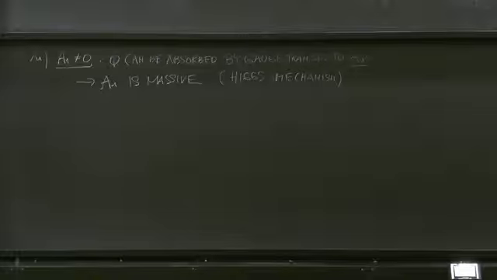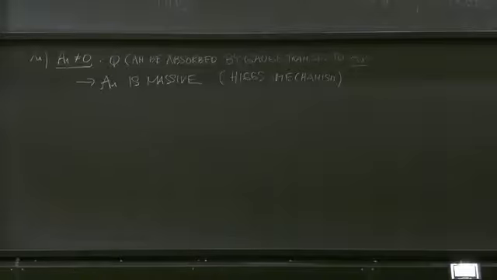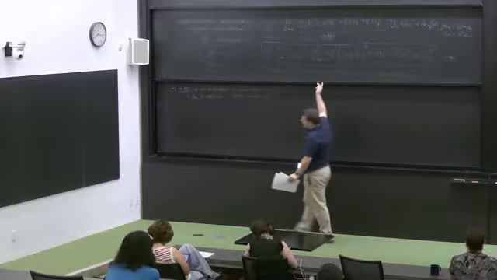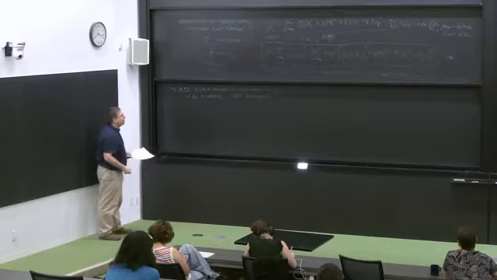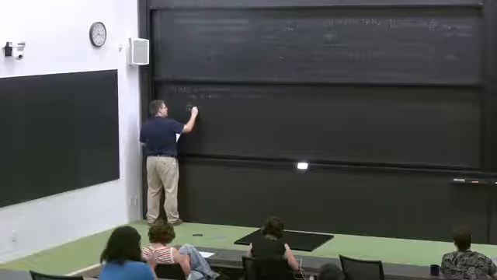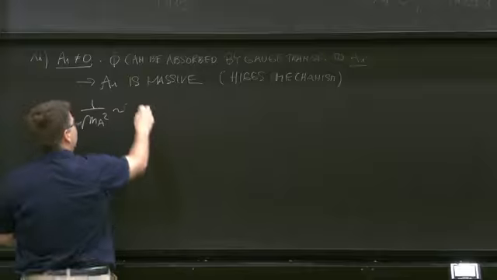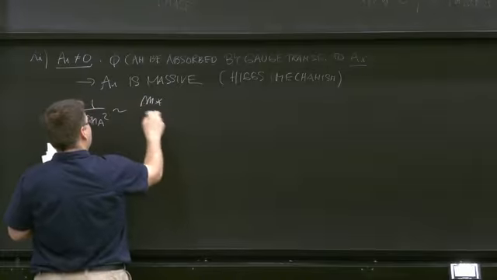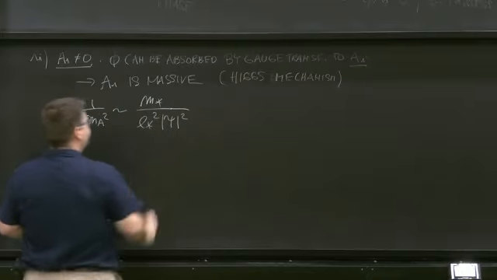And if you look at what that mass is, typically what you would write is a kinetic term plus m squared times A_i squared or something like that. So whatever stands in front of this A_i squared is the mass of this vector field. I can write m_A squared, and if I do it the other way around, it will be like m star divided by e star squared psi squared.